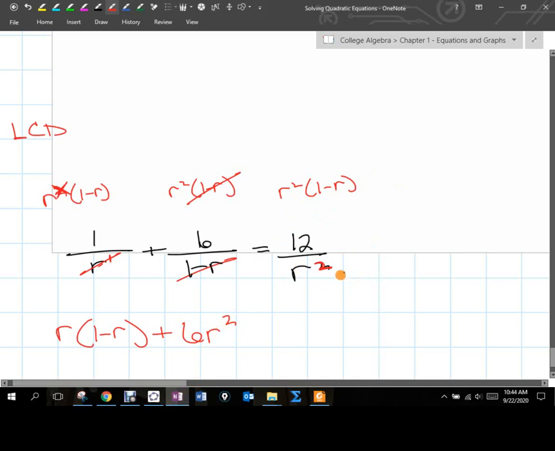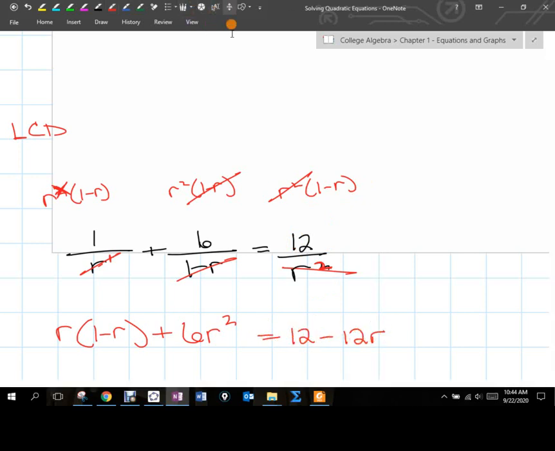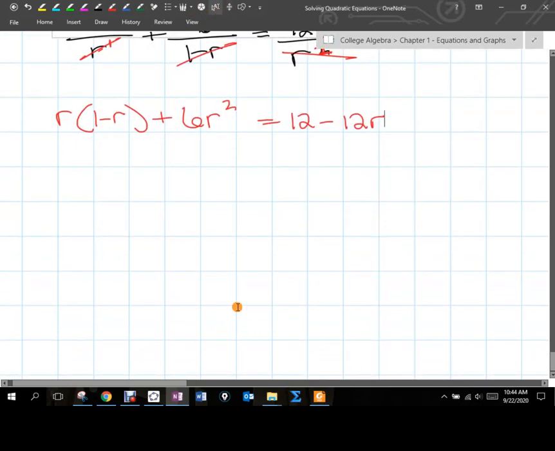In the last one, the R squareds cancel, leaving 12 times 1 minus R, so that's 12 minus 12R when I distribute. Distribute the R: R minus R squared plus 6R squared equals 12 minus 12R.